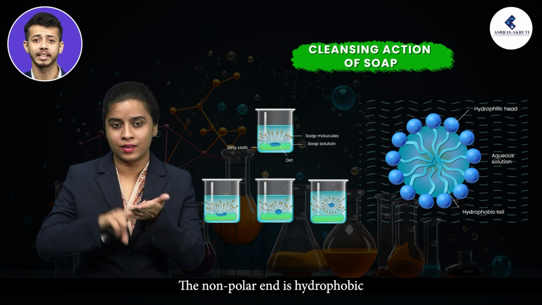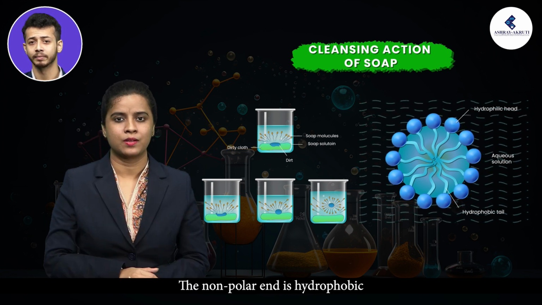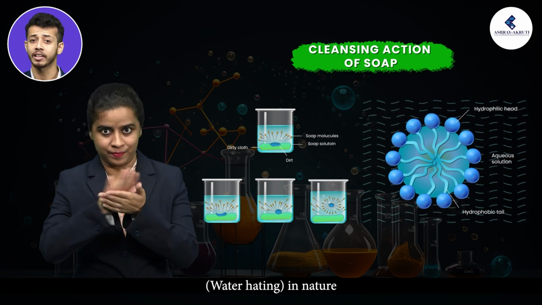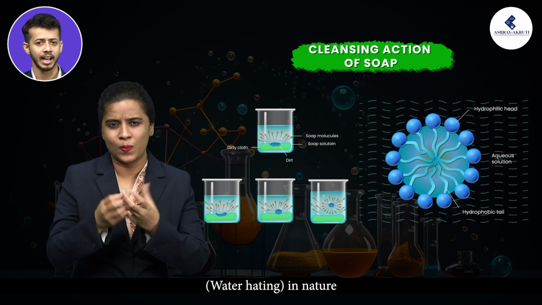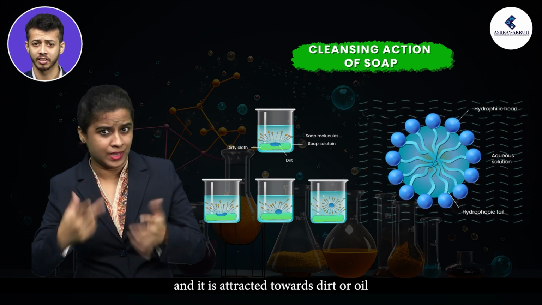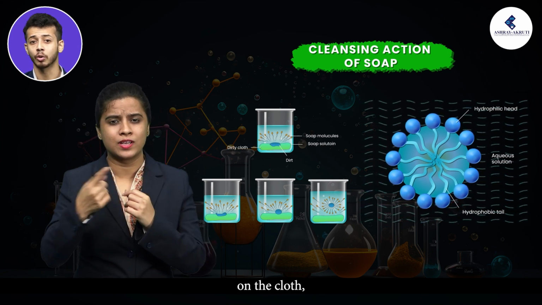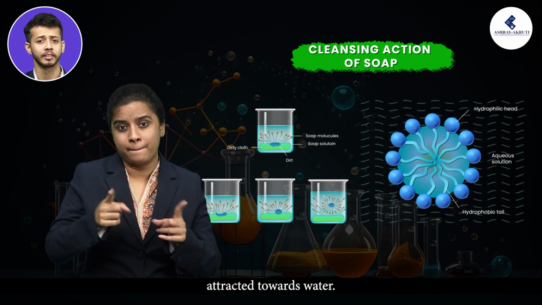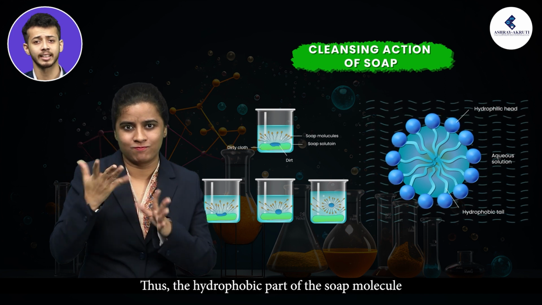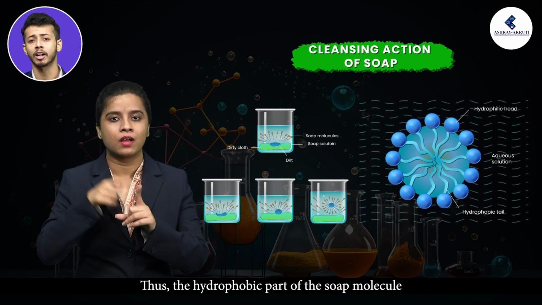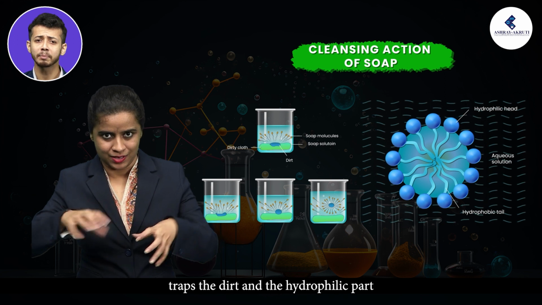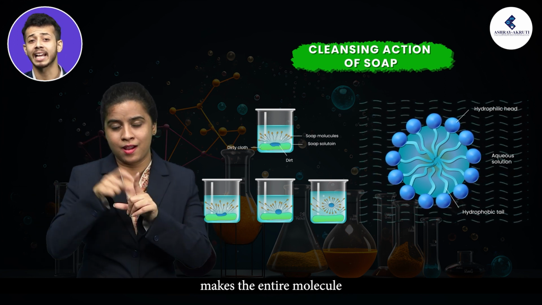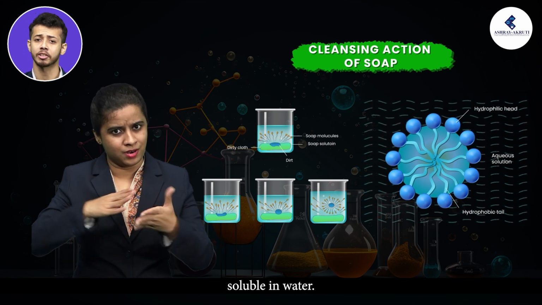The non-polar end is hydrophobic, water-hating in nature, and is attracted towards dirt or oil on the cloth, but not attracted towards water. Thus, the hydrophobic part of the soap molecule traps the dirt, and the hydrophilic part makes the entire molecule soluble in water.